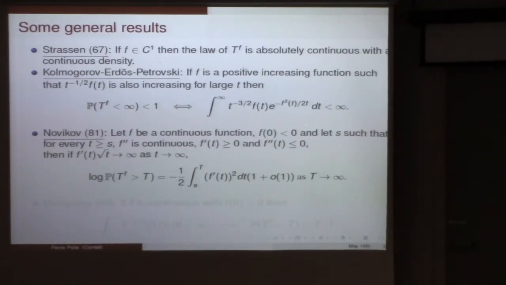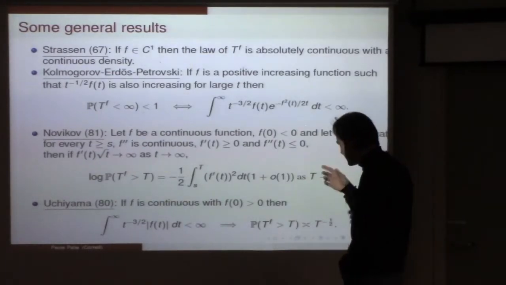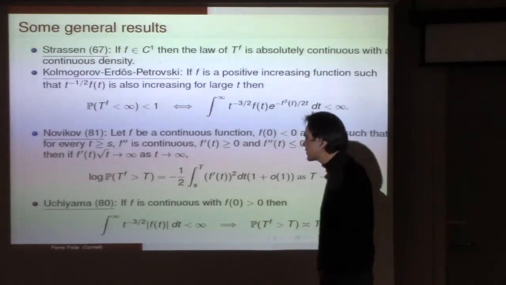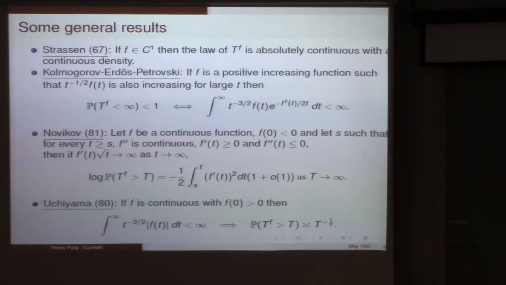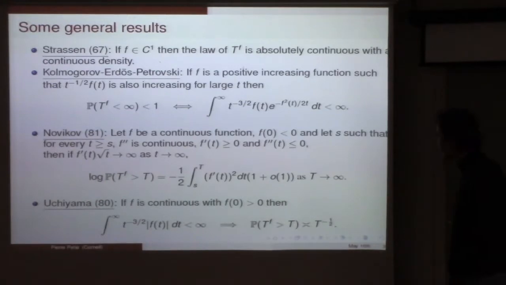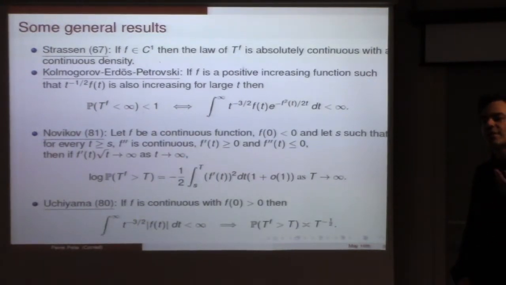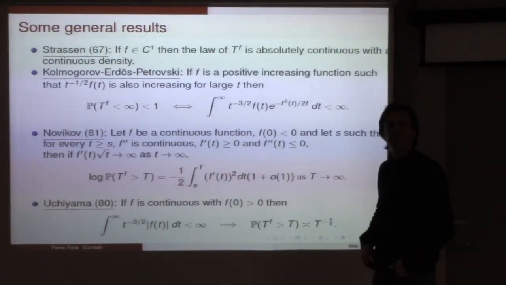And another type of asymptotic result is due to Ushiyama. So if function f is continuous, starting from f0 positive, and satisfies this integral test at infinity, then the tail of the distribution of Tf satisfies this asymptotic behavior, and this symbol simply means that asymptotically the tail of the distribution is bounded from above and below by a constant times 1 over the square root of t.